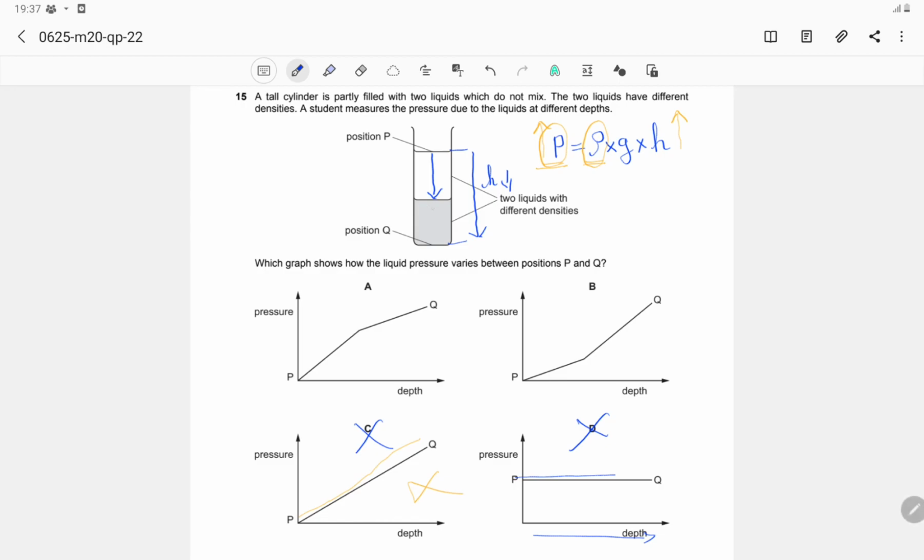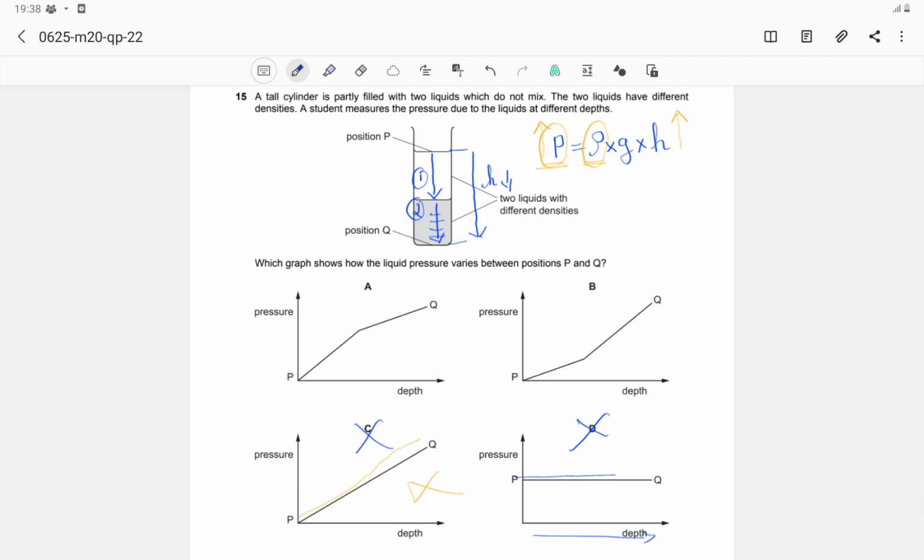But after entering into the second liquid, the pressure will be the sum of the first liquid plus second liquid, because the first liquid is still over the second liquid, so that the total pressure anywhere in the second liquid will be the pressure of the first liquid plus the second liquid, so that the increment of pressure for the second liquid will be even greater than the first one.